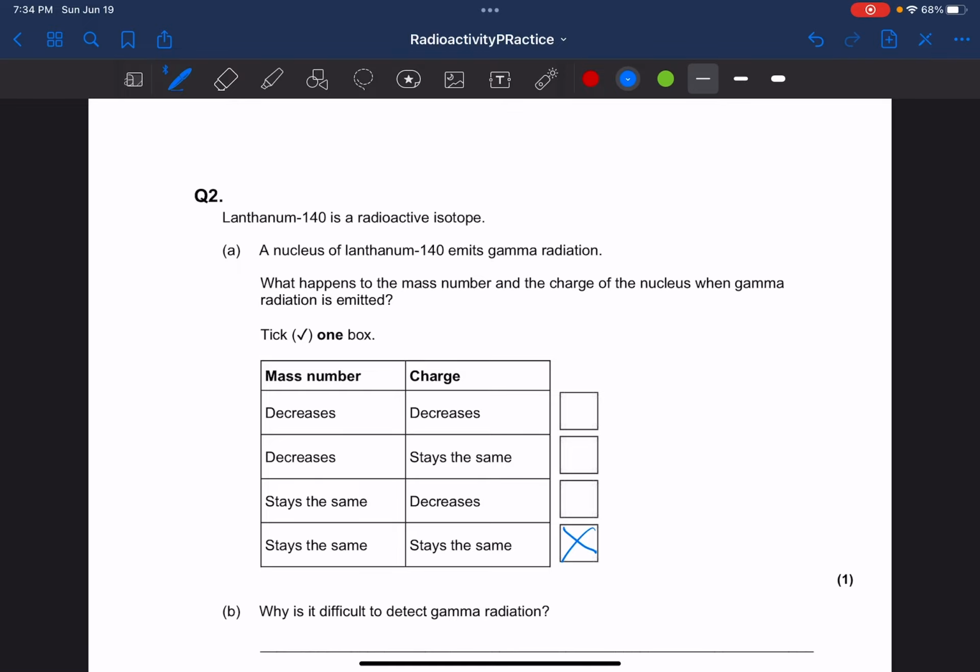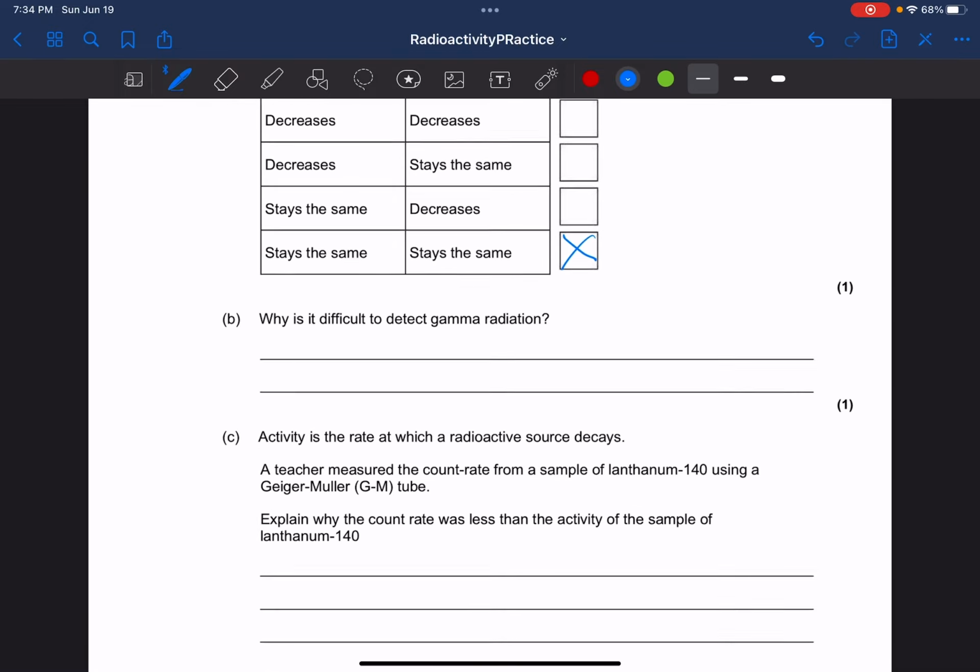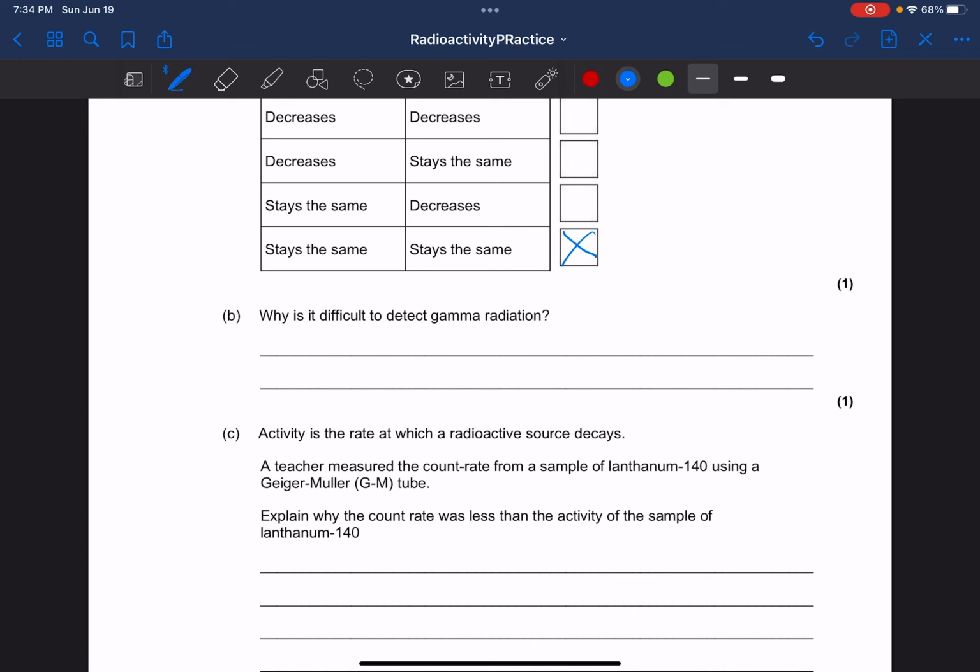Now, B, why is it difficult to detect gamma radiation? So this is a recall question where you have to link your knowledge of how Geiger counters work to the properties of gamma radiation. Geiger counters work by detecting ionization events. Gamma radiation is weakly ionizing.